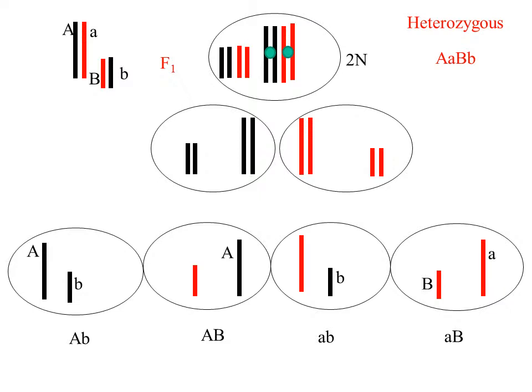That heterozygous will have either a big A, a little b, or a big A with a big B, or a little a with a little b, or a little a with a big B. Two of those gametes resemble the original parent, and two will not.